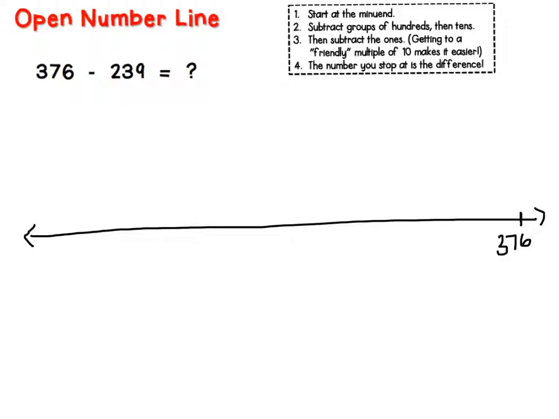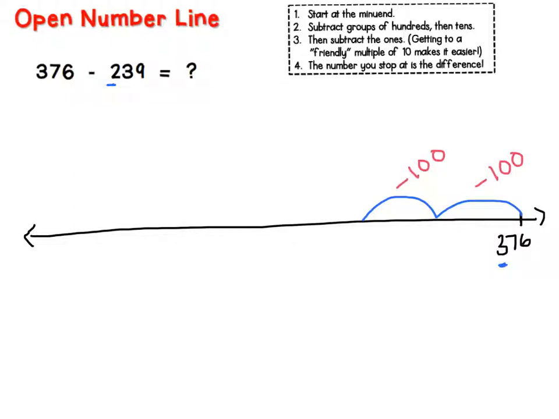Now my next step is to subtract groups of the hundreds and then tens. So looking at my subtrahend, I know I have to take away 2 hundreds. Right now I have 3 hundreds. So as I count back on my number line, 1 jump, 2 jumps, I'm taking away 100 each time.